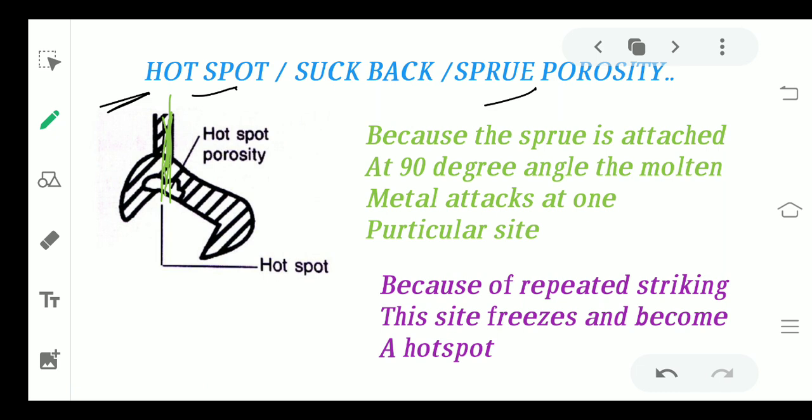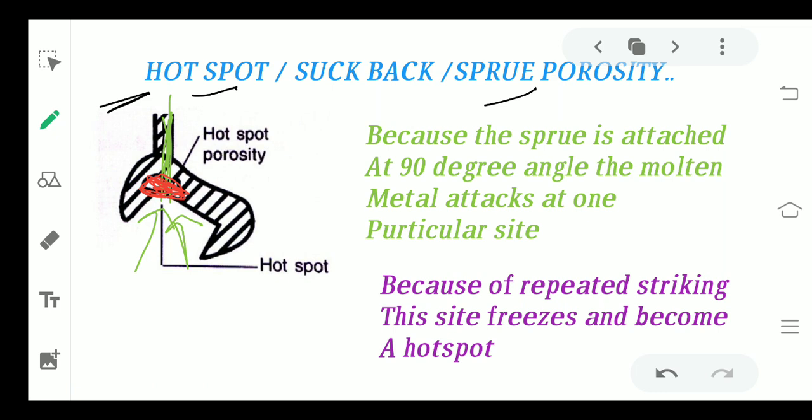So again and again a striking occurs at this particular site, and because of the striking occurring again and again at this site, you see this color here, the red area. This is the frozen area now, because again and again this was targeted by the molten metal. A time will come when this area will become frozen. Now when this becomes frozen, there will be no more deposition of the molten metal at this side.